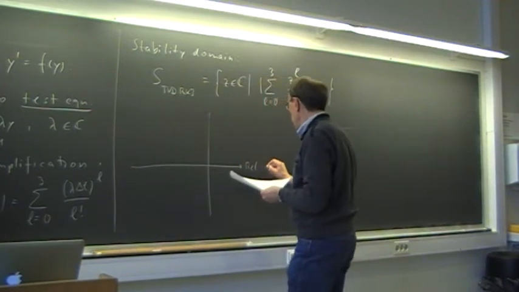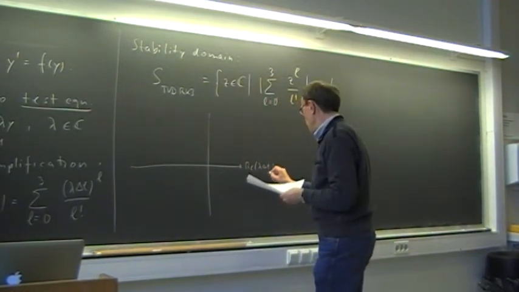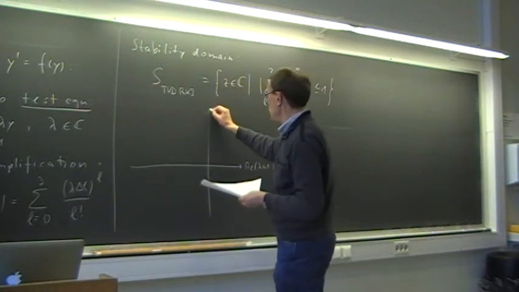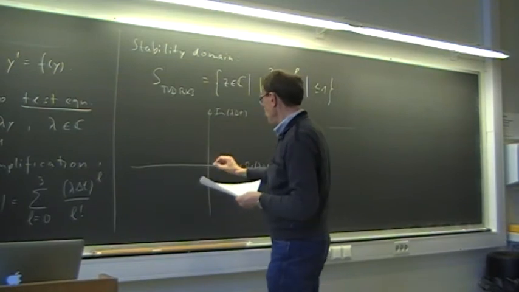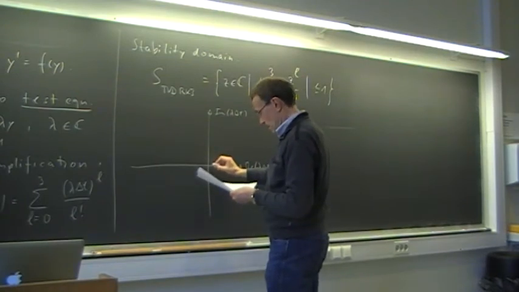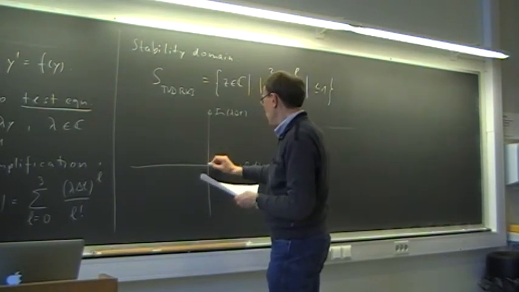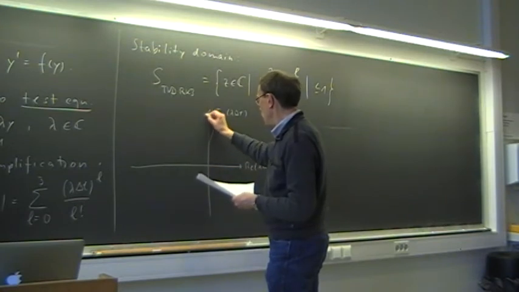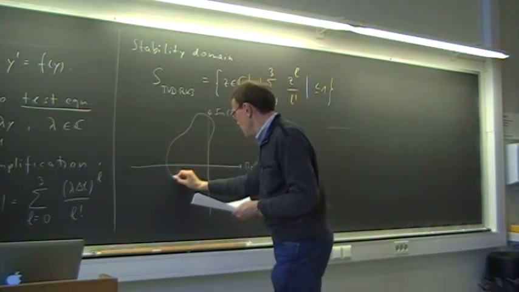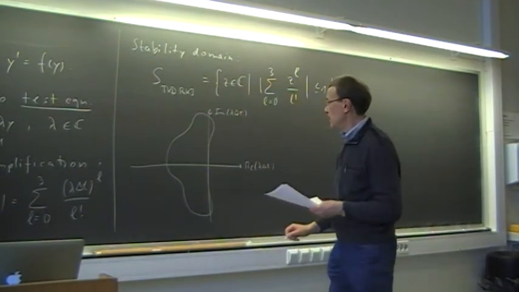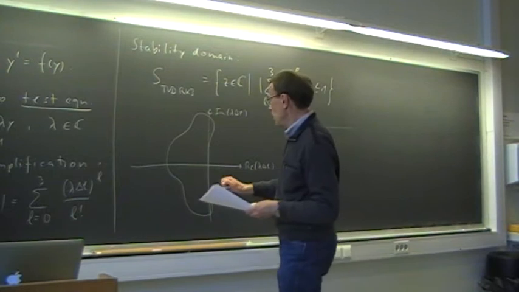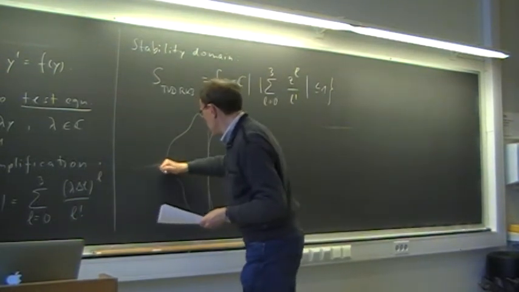And it turns out that we get the following. This is the real part. Now I convert again to lambda delta t, the imaginary part of lambda delta t. And we get something of the following kind. It's similar to the stability domain of the classical Runge-Kutta method, but not quite. So it should be symmetric, of course.